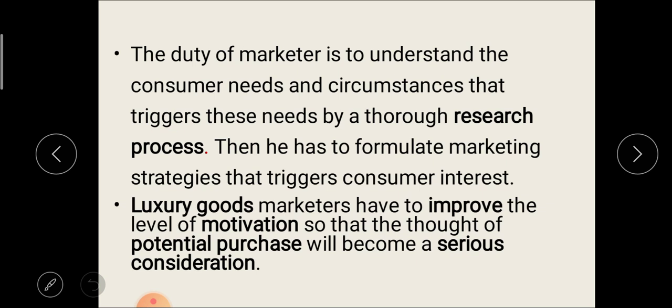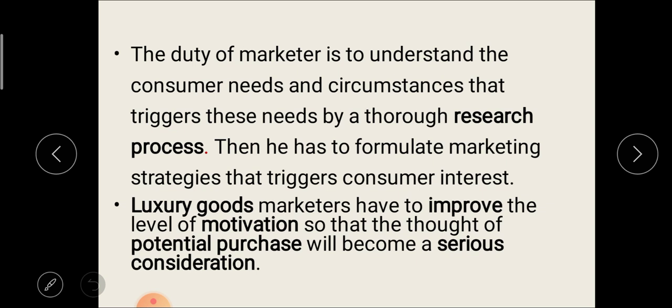Okay, so the marketer's duty is to understand the different consumer needs and try to solve those particular needs through different research processes. Then the marketer has to formulate the marketing strategies that trigger the consumer interest. That means to satisfy that particular consumer need and interest, the marketer designs or formulates different marketing strategies.